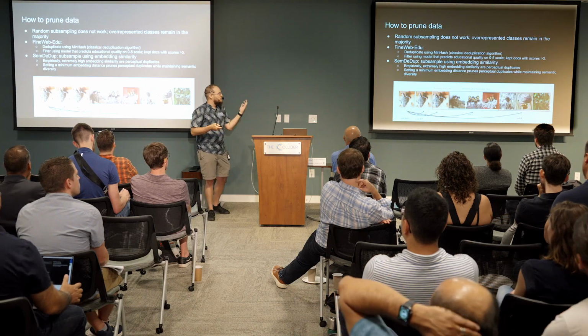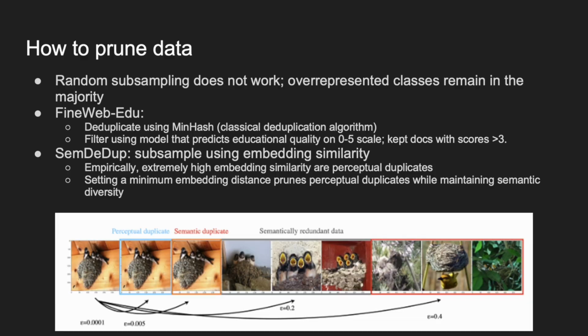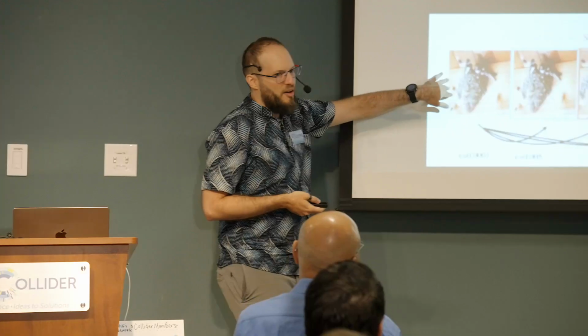So how do you do this sort of thing? There are different schemes. One thing that doesn't work is random subsampling, because whatever's in the majority before stays in the majority after. In the case of SEMdedupe, what they do is deduplicate based on embedding similarity. Let's say this is your reference image.